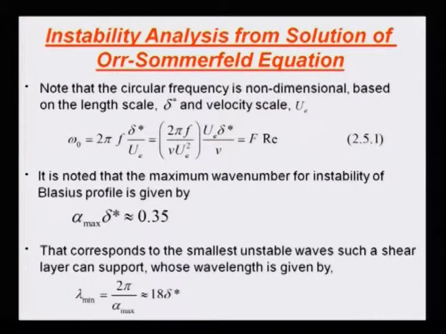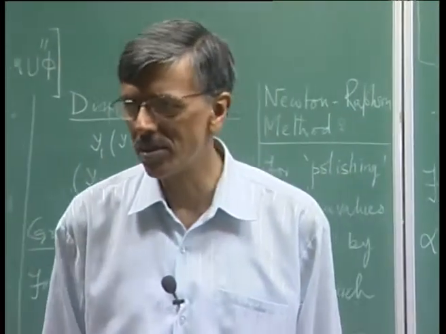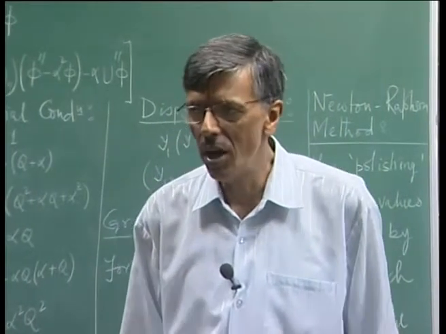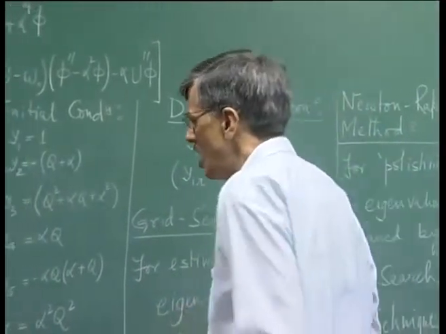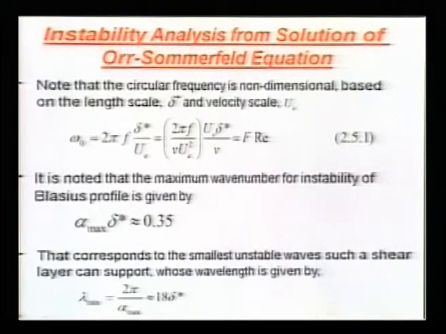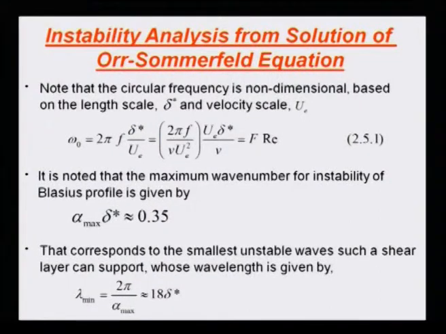It gives you some idea that in a Blasius zero pressure gradient boundary layer, if instability sets in, you are going to see disturbance waves which are of the order of 15 to 20 delta star. You can't have anything smaller than this. All the disturbance wavelengths will have to be about this and above. Okay. So, this is something we should remember.